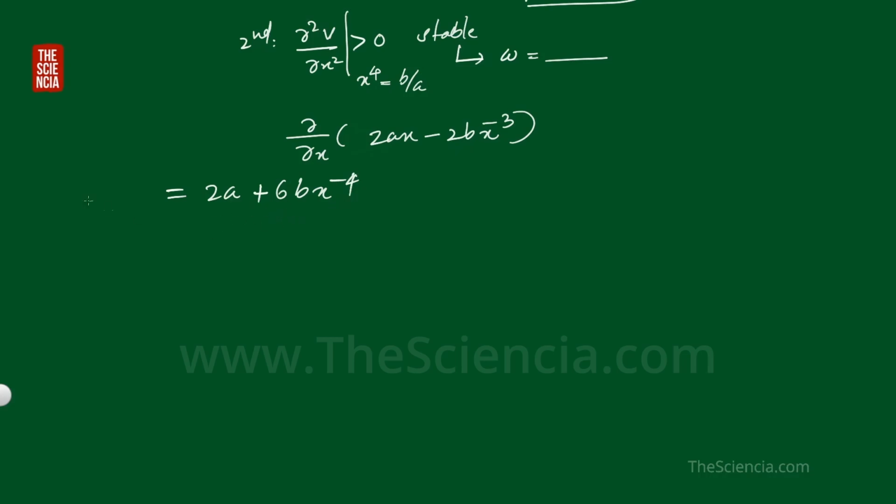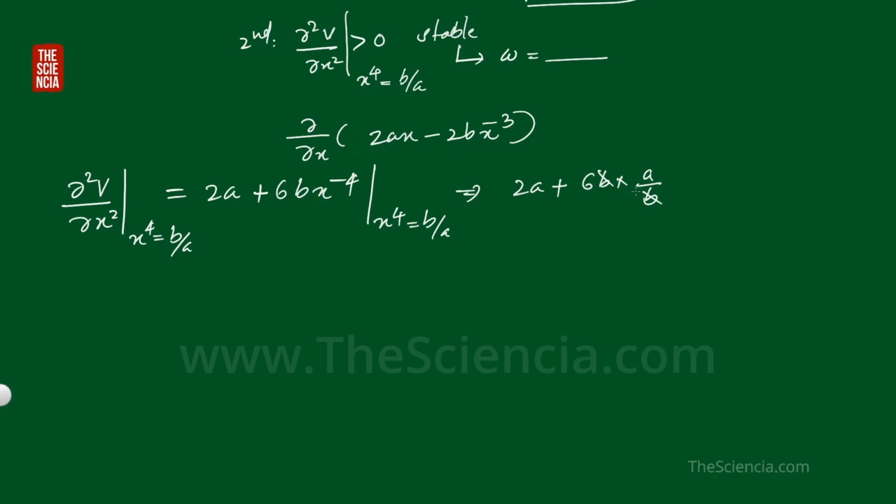Now we have to substitute this equilibrium point, that is ∂²V/∂x² at x^4 equal to b by a. So we will get 2a plus 6b into a by b. So b cancels. So we get 2a plus 6a, that is 8a. So we can find out the omega, that is root 1 by m into 8a.